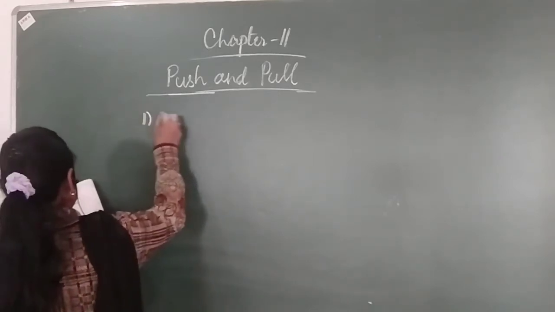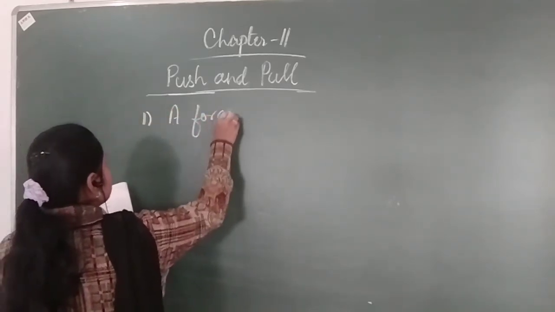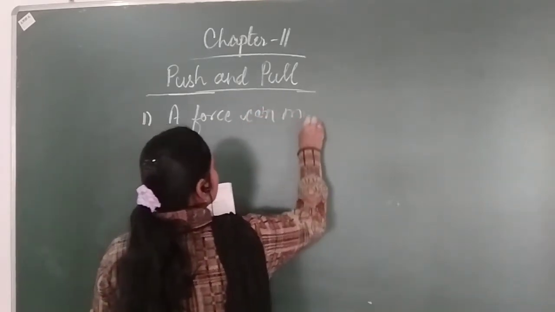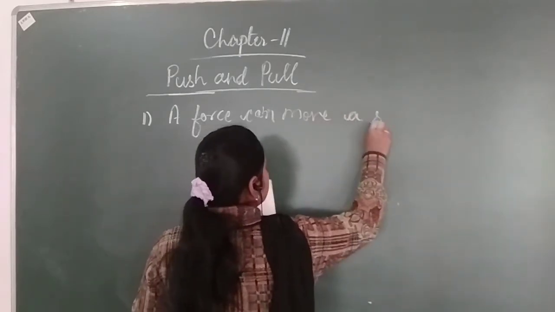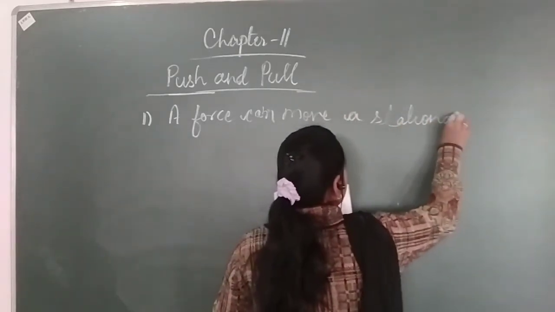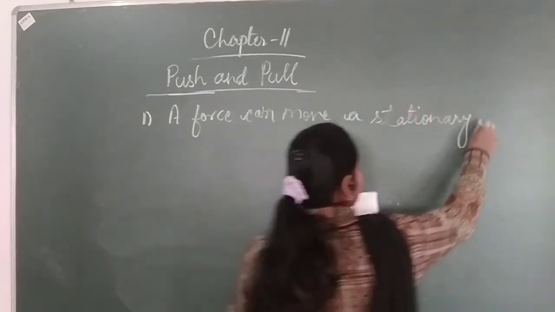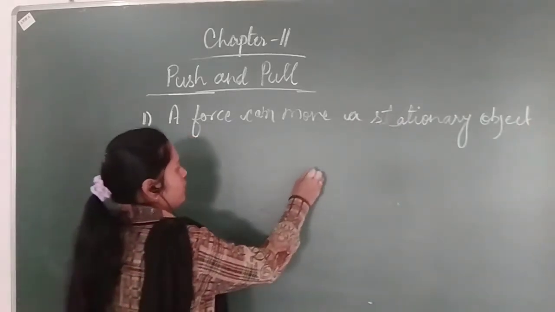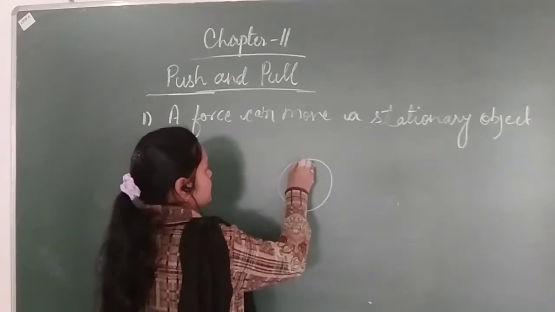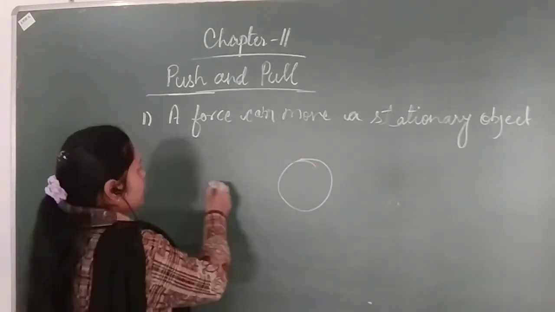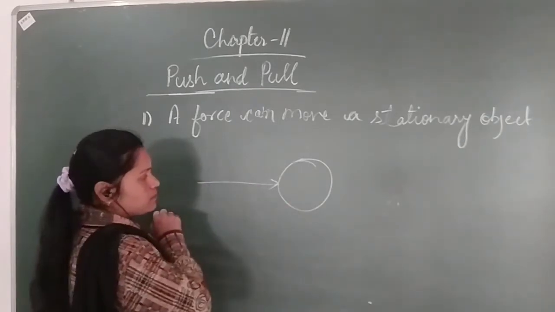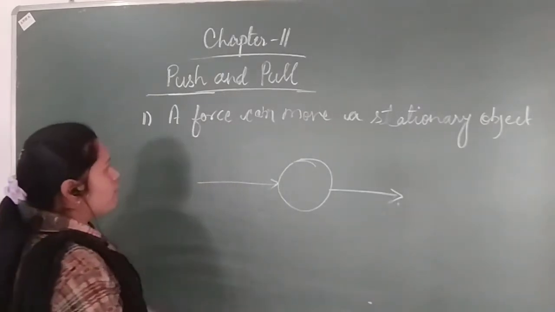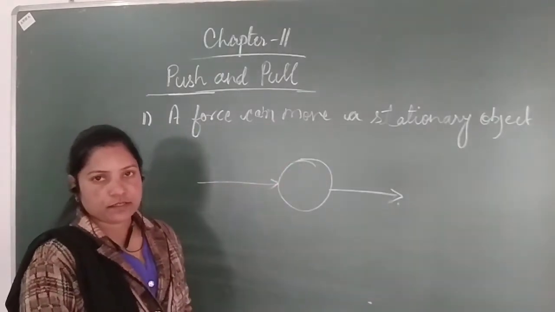The first effect is, a force can move a stationary object. What does it mean? When an object is in rest position, when we apply a force on this object that is in rest position, it will move. So a force can move a stationary object.